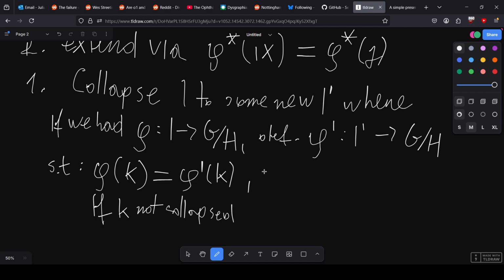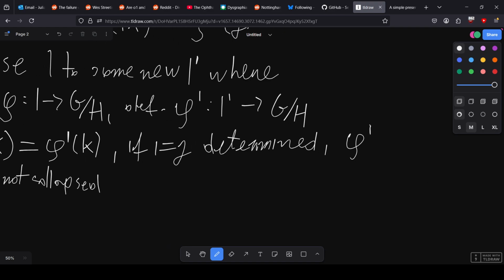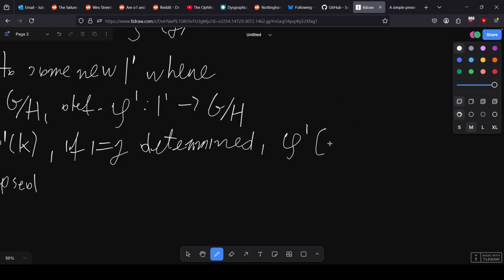If instead we have that I is equal to j determined, we set phi of I to be equal to phi of I of j, which is equal to phi of I.